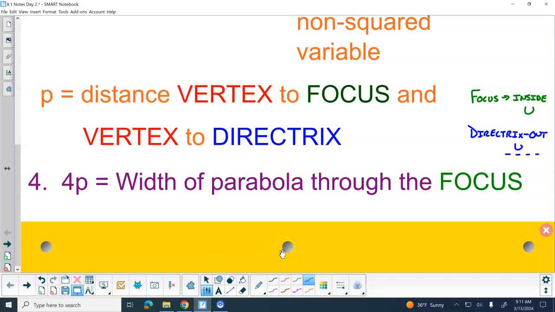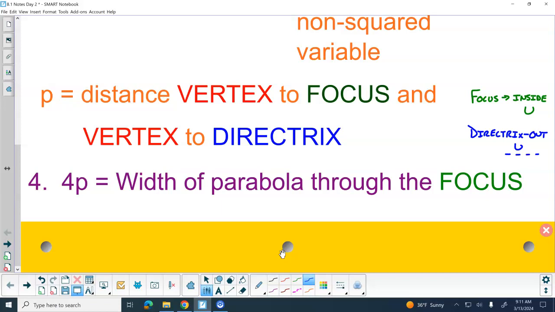So we take that 4p number, we cut it in half, and we go left and right that many, or up and down that many from the focus. That gives us 2 points that are on our parabola, which allows us to do what in step number 4? If we're graphing, what can we do after we figure out the width? We can draw the parabola in.